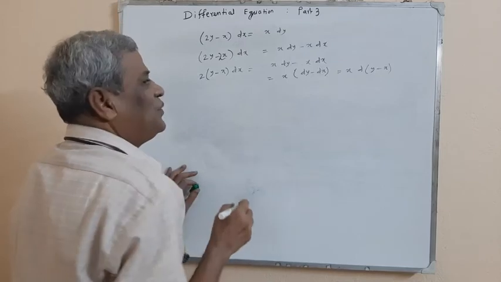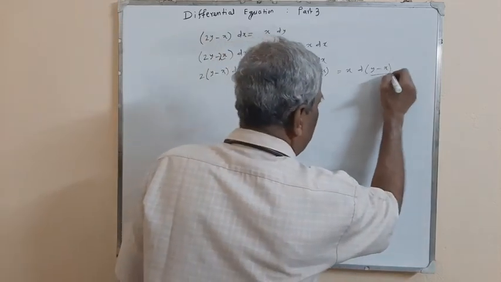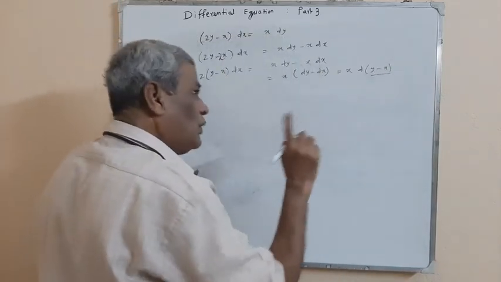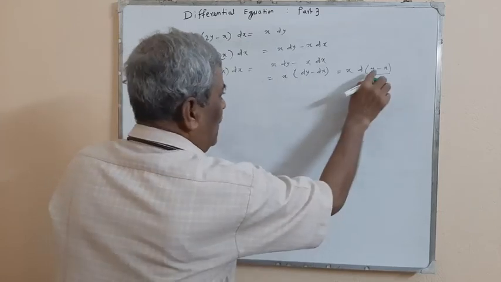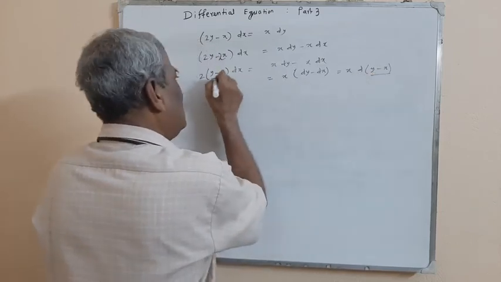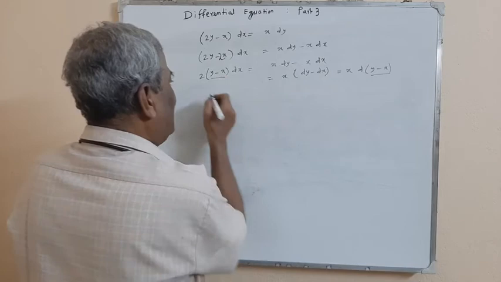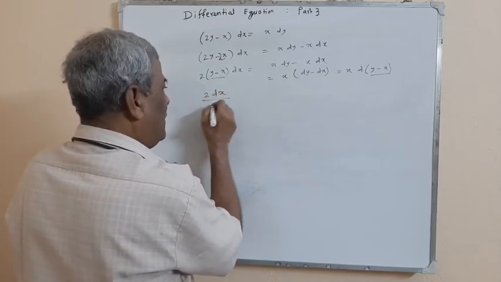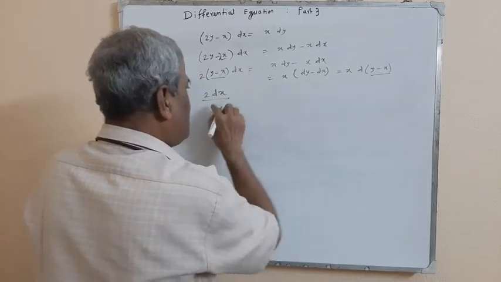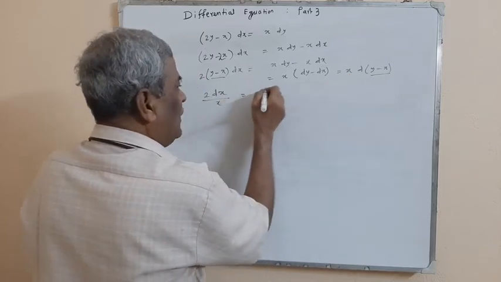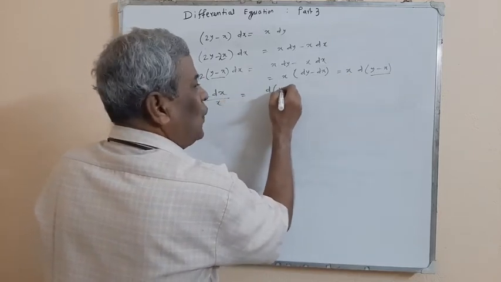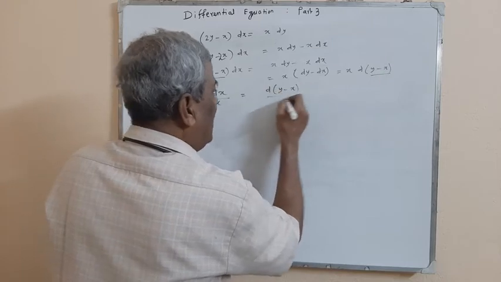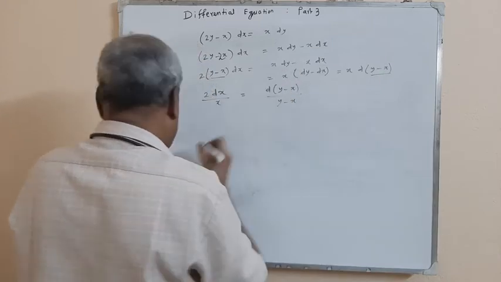So you see, we get only one variable, y minus x. So we get 2 dx by x equals d of (y minus x) by (y minus x).